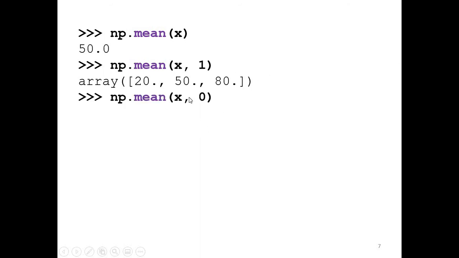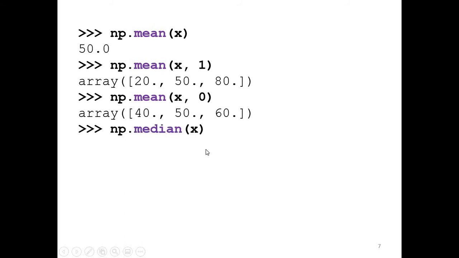And mean(x, 0), 0 means it will come along this way, the vertical direction. That means the mean of each column. So this is the mean of each corresponding column, because it is 0. 0 means you come down, and 1 means you go this way, to the right side. So these are the means of each row, and these are the means of each column.